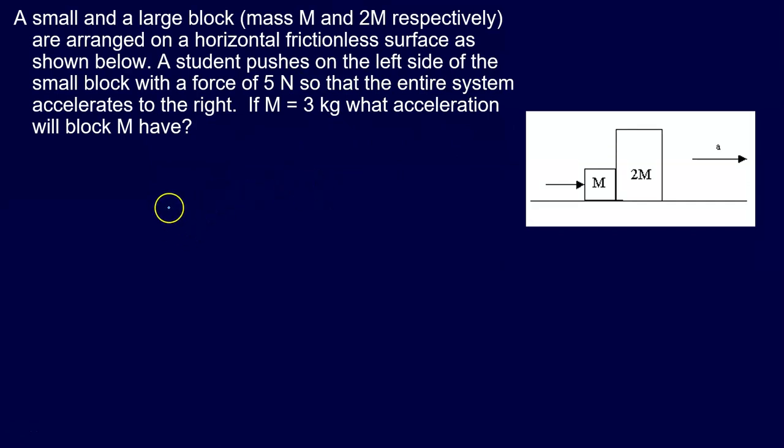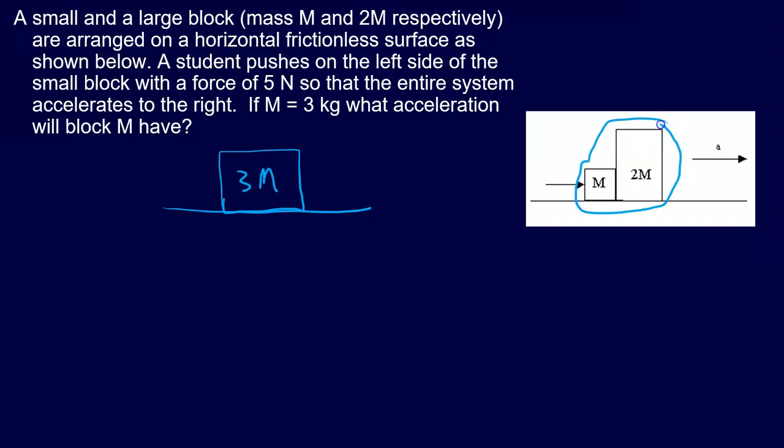My general rule with a problem like this is the first step is I try to think of the two objects. Because they're moving together, I have a little flexibility to think about them as sort of one big object. Like if you draw a circle around it, we combine these two guys into one object. So let's draw our free body diagram and do our usual steps, with a regular XY coordinate system.